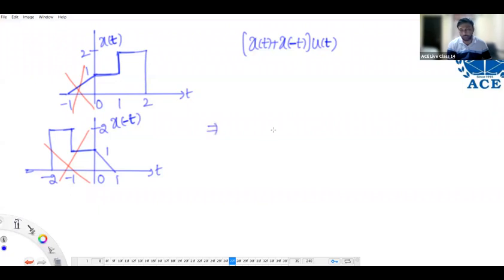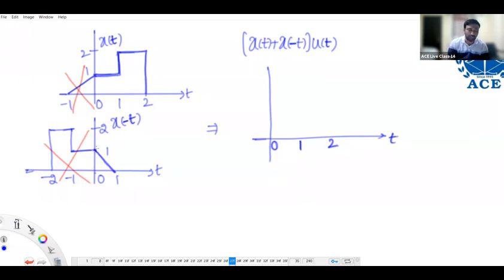No need to cancel from your side. Some shape will be there, don't bother. So for positive time, how many discontinuous intervals are there? 0 to 1 is one interval, 1 to 2 is another interval.